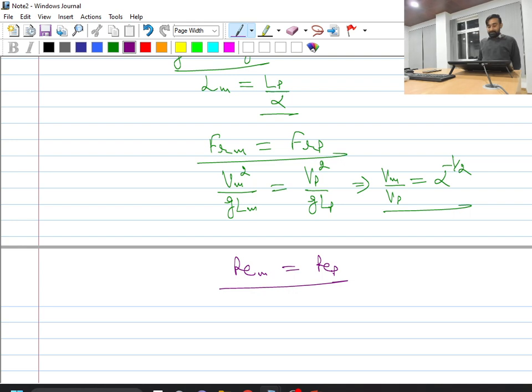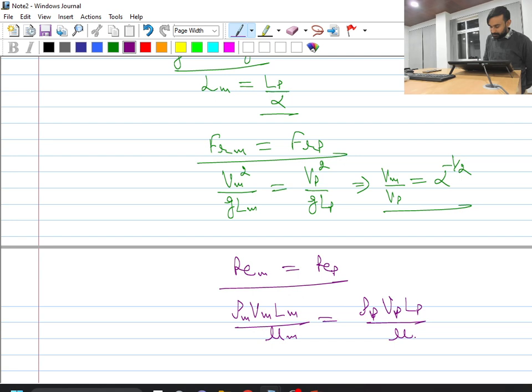Okay, so what I will be doing out of this: rho m Vm into Lm divided by mu m equals rho p Vp into Lp divided by mu p.